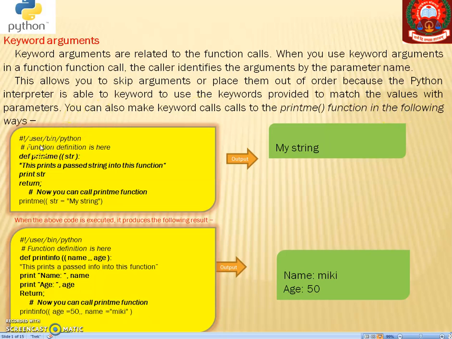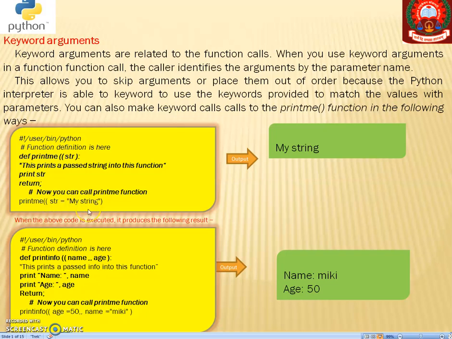So what we have done, we have declared this function, that is define print me str. After that we have print str, and we have given a return. We have defined str by the keyword str, and we call print me with str equal to my string.